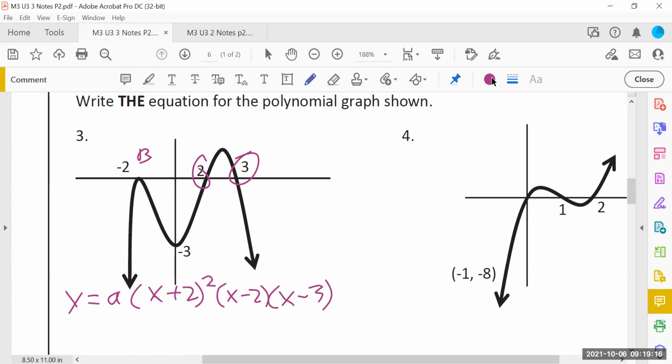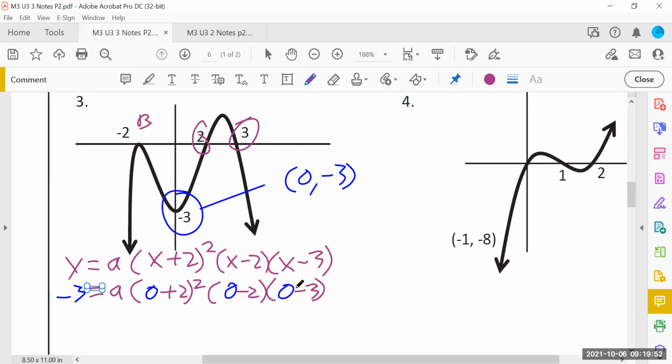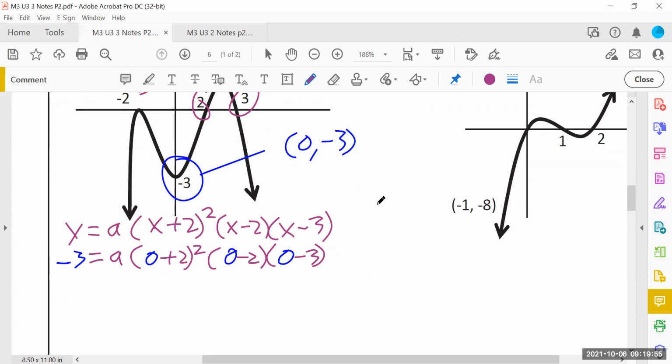Then, once I've figured that out, I'm going to take another point, whichever one they give me. It's usually going to be a y-intercept. So in this case, 0, -3. And I'm going to plug that in. So -3 in for y, 0 in for all the x's.